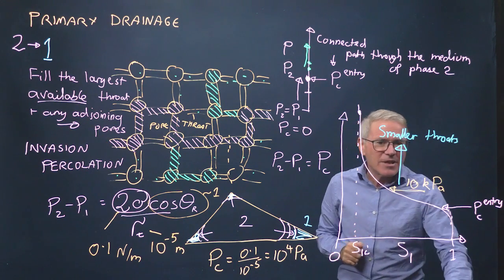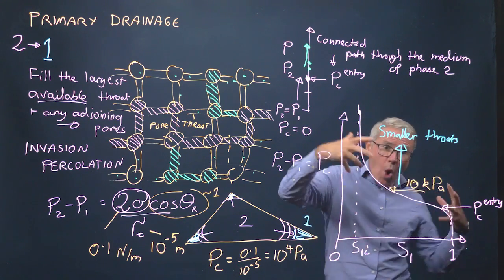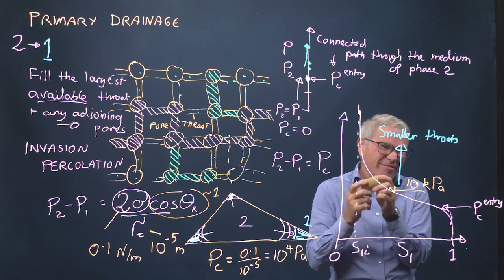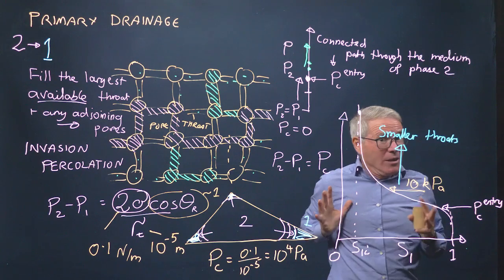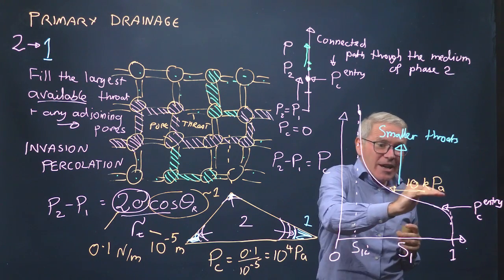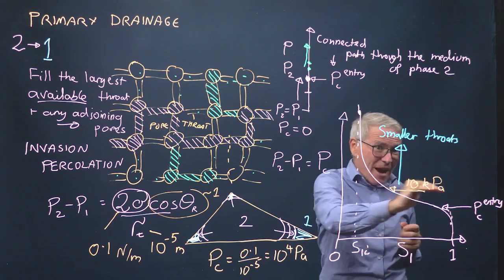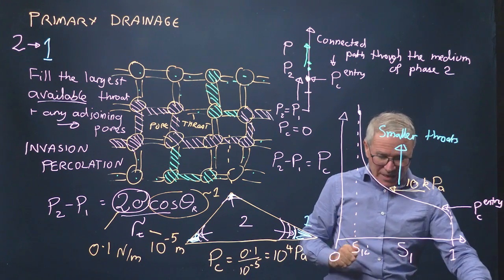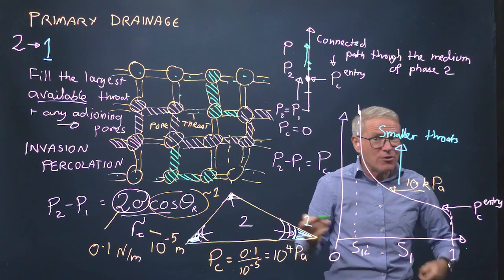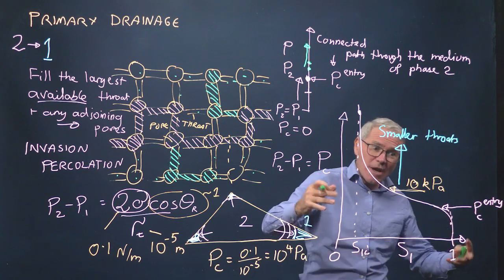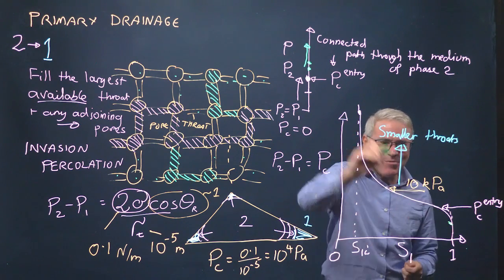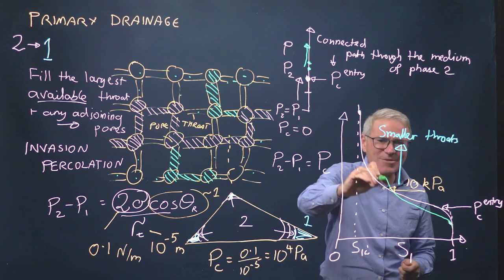Now let's think of something else. Imagine we have a very wide range of throat size. So if I have these sorts of rocks, they have a typical throat size, and many of the throats are around that size, and so you get quite a flat-looking capillary pressure curve. If, on the other hand, we have a more heterogeneous rock, we have a much wider range, so we can have some big pores that we enter with, and then some small pores that we take ages to access.